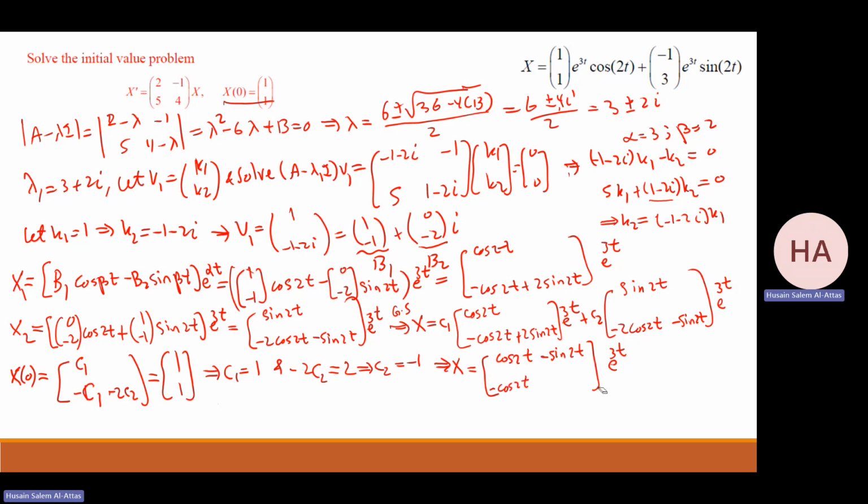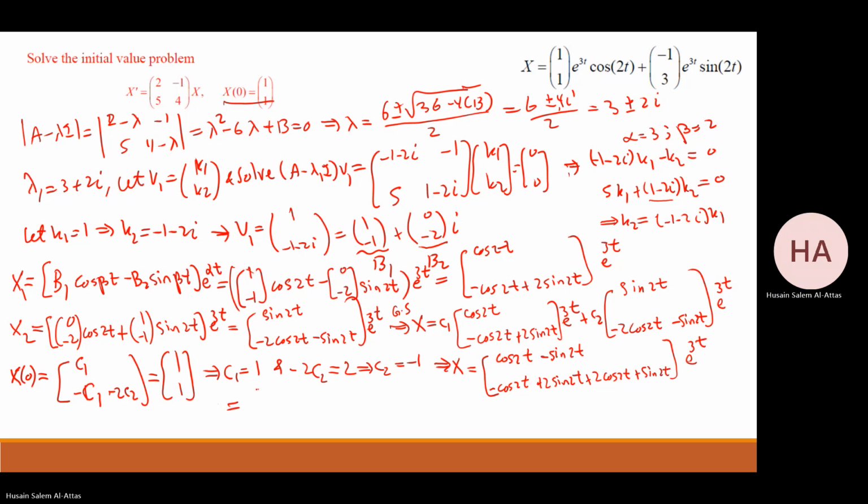Be careful here. I think I need more space. Plus 2 sine 2t. C2 is minus. I have plus 2 cosine 2t plus sine 2t, e to the power 3t.